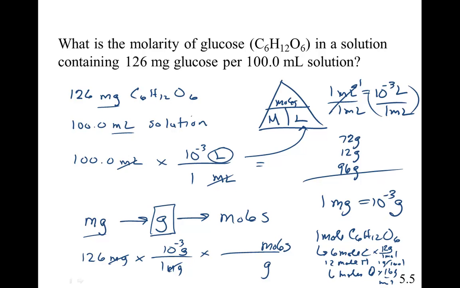So if we add this up, we get 180. Let's erase that and try that again. 180 grams. We'll put a decimal here to say we know this to 3 significant figures, over 1 mole.